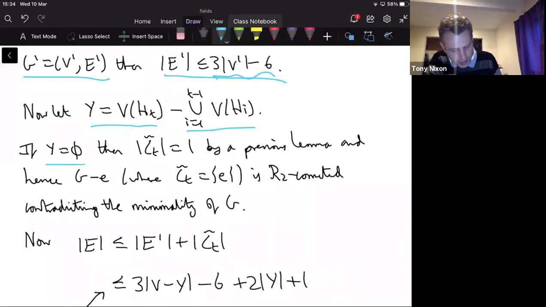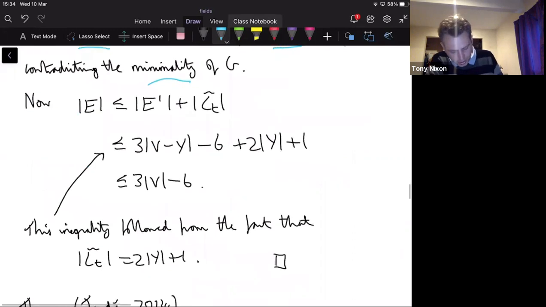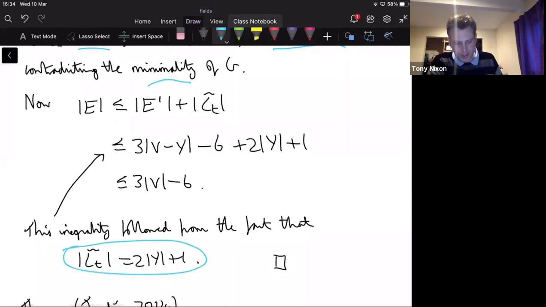One of the lemmas said, if Y is empty, then by the third ear decomposition axiom, all you're adding in the last ear is just one single edge, and hence that last edge is redundant because you take it away and you go back to a smaller R2 connected graph, which would contradict the minimality we'd chosen. So we know that Y is not empty, and hence by the same lemma, wherever it is, the ear has this size. But we'll use that in a second.